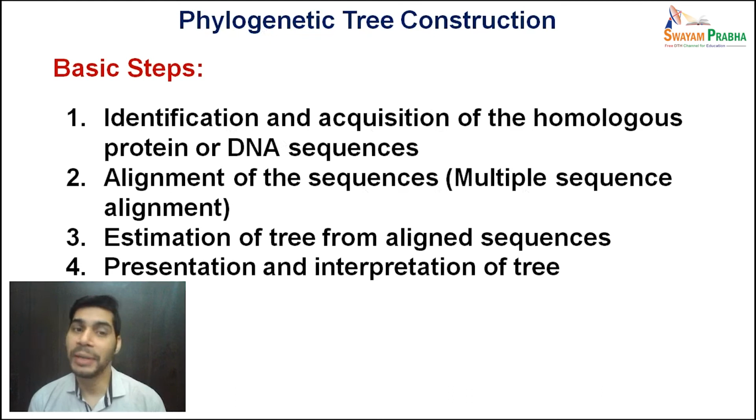So it will lead to multiple sequence alignment as compared to pairwise alignment, which is also there when we compare 2 sequences only. Then once we compare these, we estimate the tree from the aligned sequence. So we hypothesize their relationship in the form of a tree. And then finally we present the tree and interpret the interrelationships of various taxa which are present.